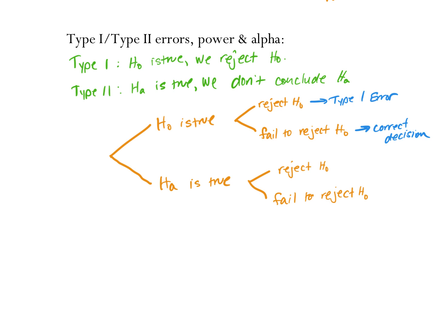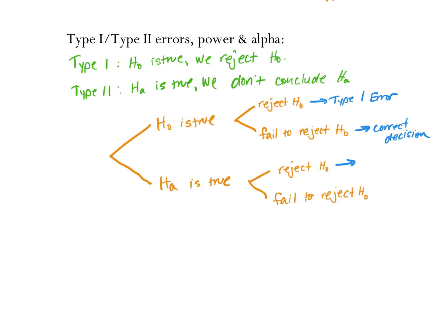If the alternative is true and I reject the null, I'm going to conclude that the alternative is true.